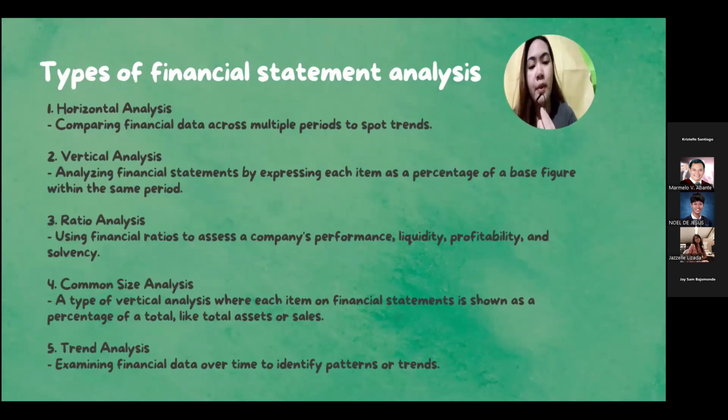on a financial statement is shown as a percentage of a total, like total assets or sales. So in financial statements, instead of just the total amount, the percentage is also shown, because it is easier to assess and compare with other companies to see who earns more. If other companies earn more, our company can create a strategy based on their techniques and why they earn that much.